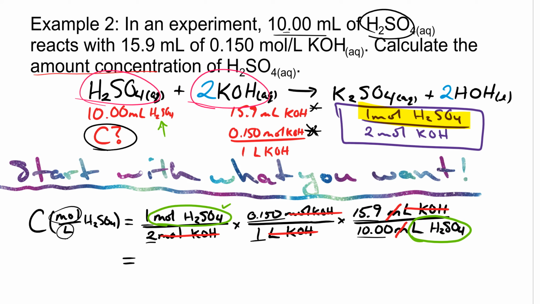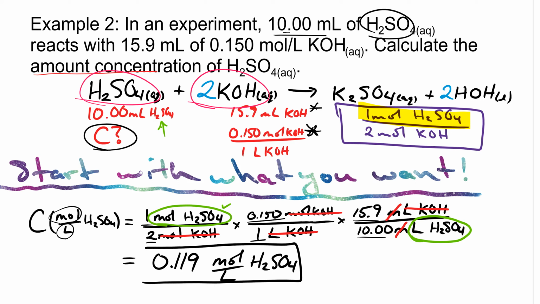I'm going to end up with 0.119 moles per liter H2SO4. Fantastic. That's exactly what I want to see. I've got moles of sulfuric acid in the top, and I've got liters of sulfuric acid in the bottom. We are good to go.